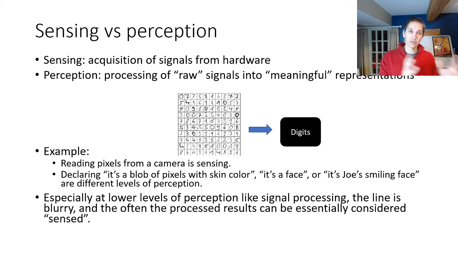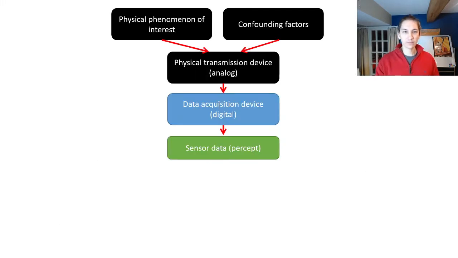Near the lower levels of perception, the line is somewhat blurred, and so you can discuss sensing tasks as essentially being low-level perception tasks. But certainly at the higher levels of object recognition and so on, we're talking about perception.